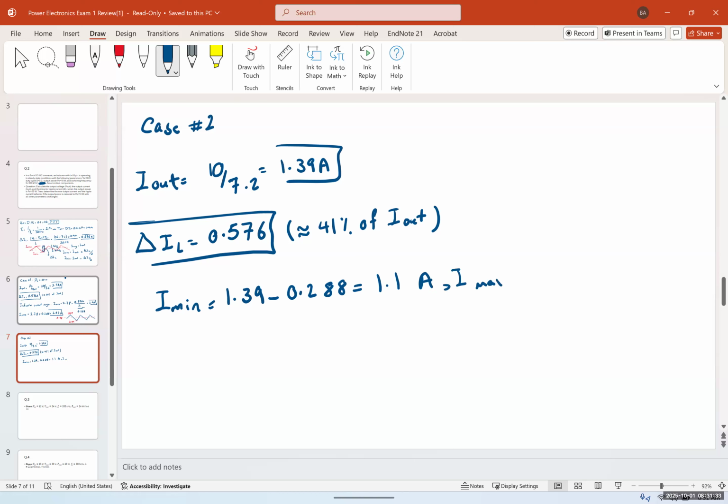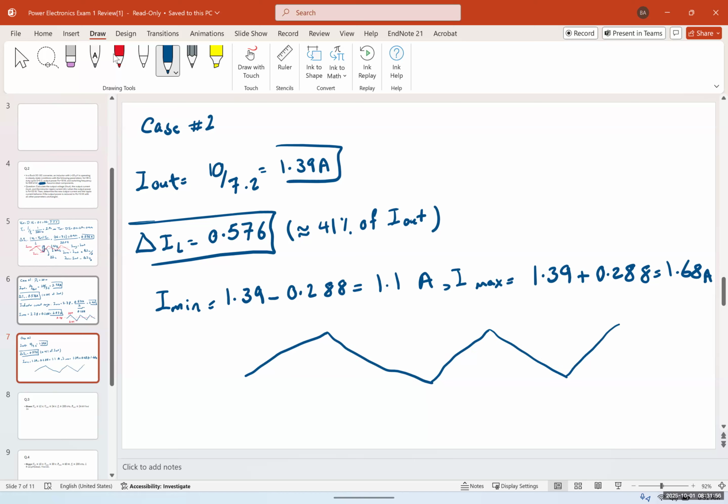And the maximum current would be 1.39 plus 0.288, which gives us 1.68 amps. So this time, if I want to draw it, the average current would be 1.39. The maximum current is 1.68. The minimum current is 1.1 amps.